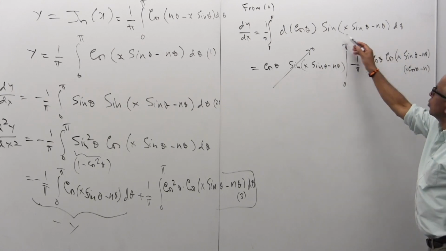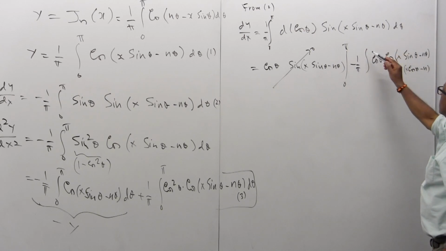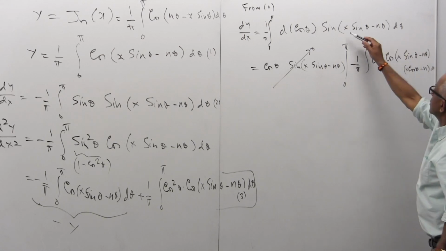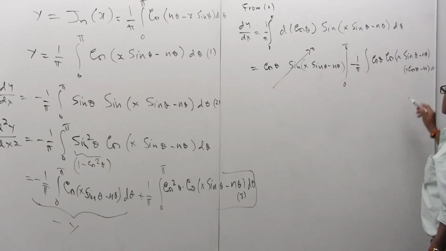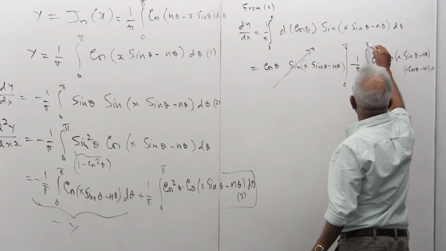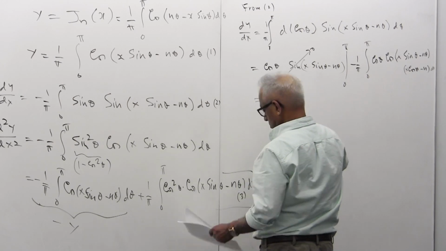Derivative of this quantity is cosine of this multiplied by the derivative of this, all with respect to theta, so multiplied by d theta. Derivative of this is x cos theta minus n, so that part is good. So remember, this integral is with respect to theta, so the x comes out.